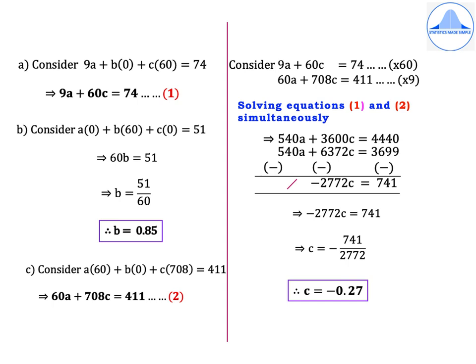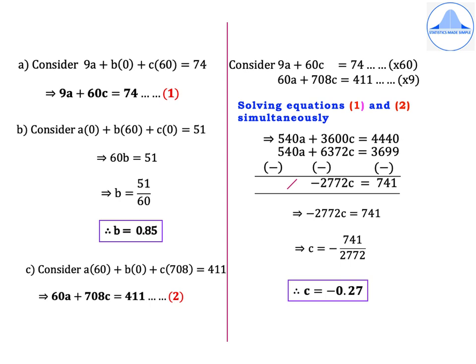Now write the equations one below the other. Consider 9a plus 60c equal to 74 and 60a plus 708c equal to 411. Now to get the value of a or c, we have to see that the coefficients of a and c are the same.